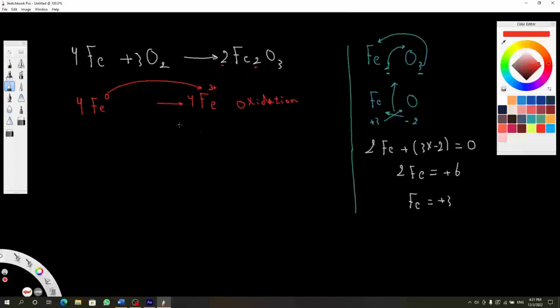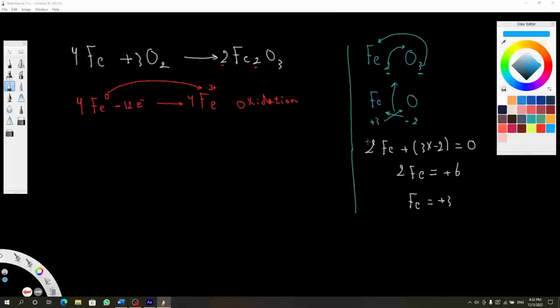Well, if a single iron atom lost 3 electrons, then 4 iron atoms will lose 12 electrons. Again, this iron atom here lost 3 electrons, forming an iron cation carrying 3 positive charges, right? So a single iron atom loses 3 electrons, which means that 4 iron atoms will lose 12 electrons, math-wise.